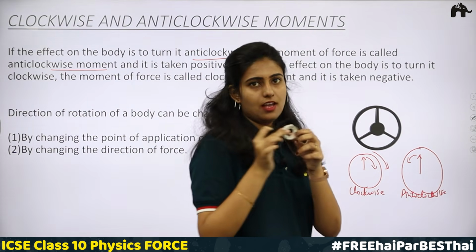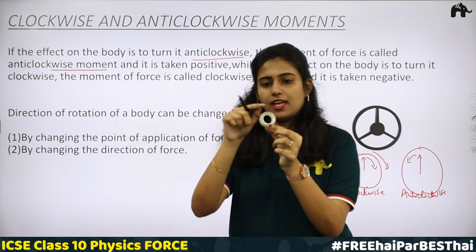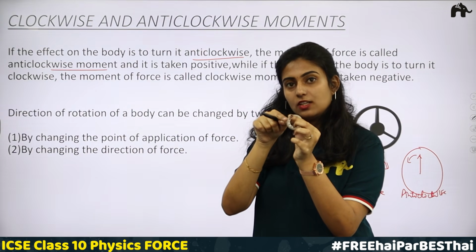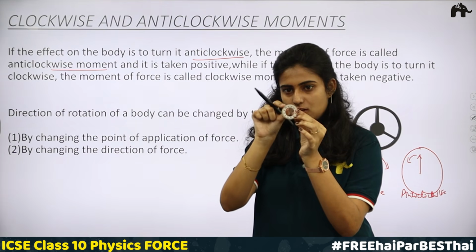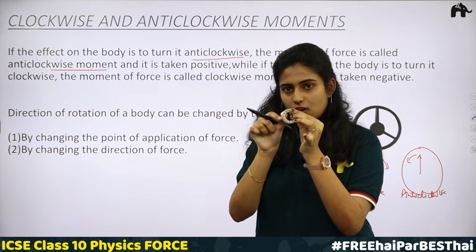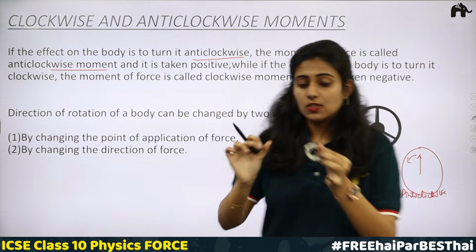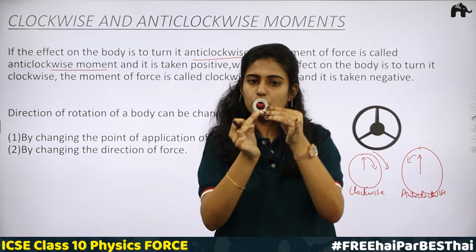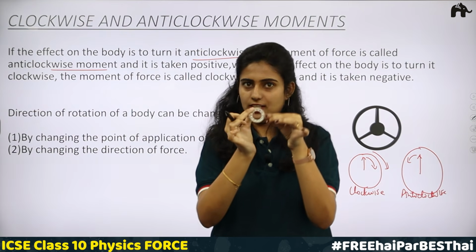Now this is my cello tape and if I am applying a force here, it is moving in clockwise direction. This is clockwise. When the force is applied in the opposite direction, it will be moving in anti-clockwise direction.